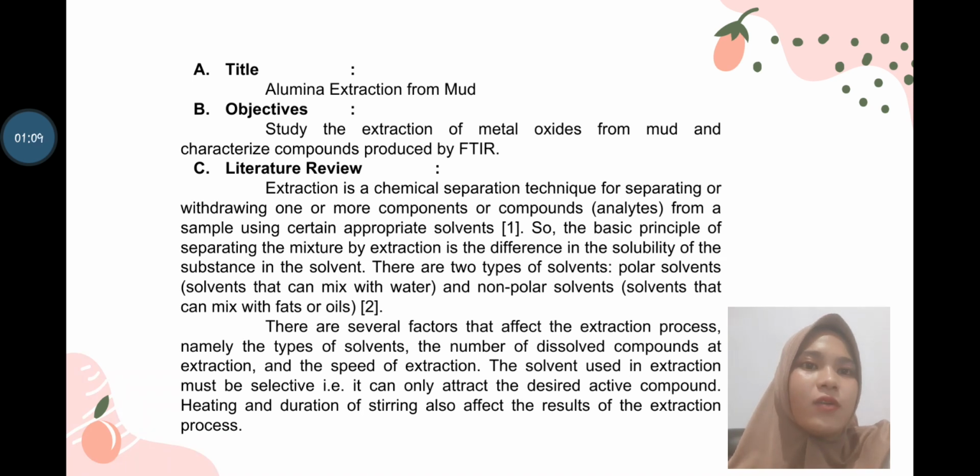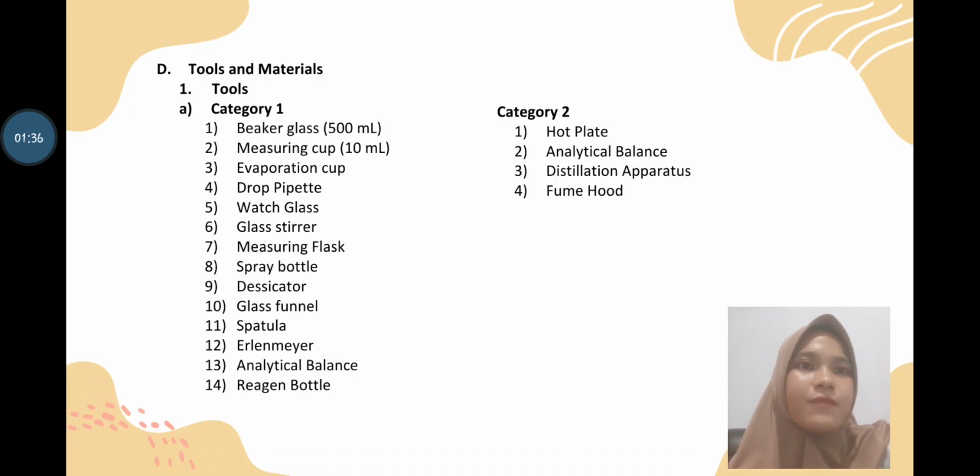There are several factors that affect the extraction process, namely the type of solvent, the amount of dissolved compounds at extraction, and the speed of extraction. The solvent used in extraction must be selective, i.e., it can only attract the desired active compound. Heating and duration of stirring also affect the result of the extraction process.